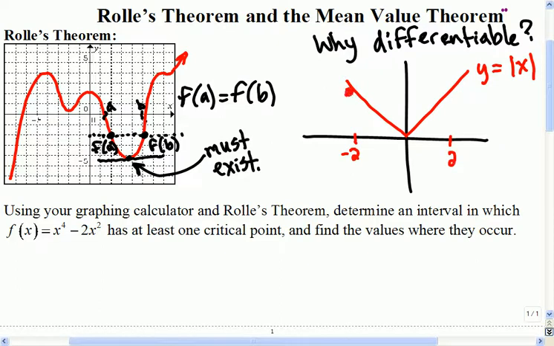That means this value is equal to this value. Is there anywhere in there where the derivative equals 0? No, it was able to cheat and get around it because it's not differentiable. That's just one example of why things can go wrong if we don't have a nice smooth curve.